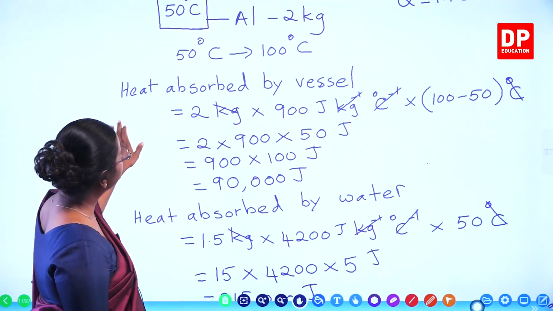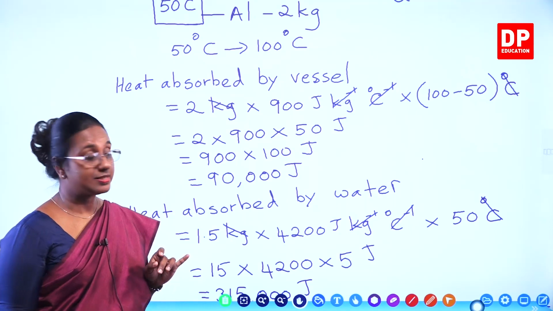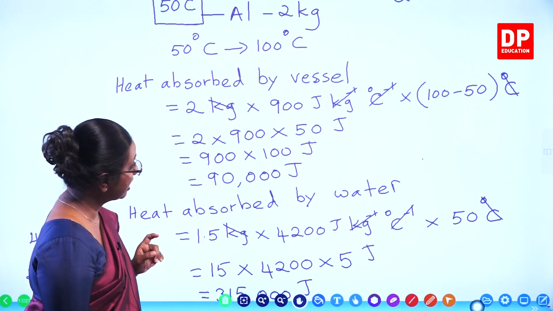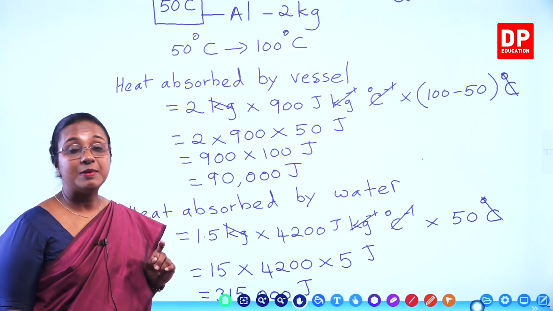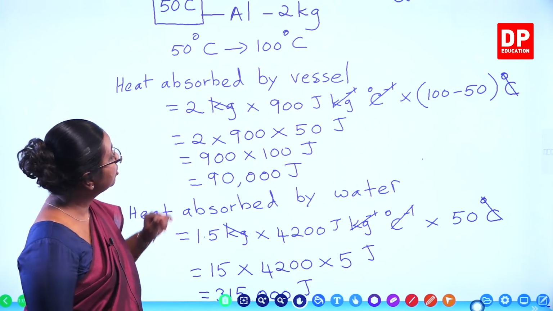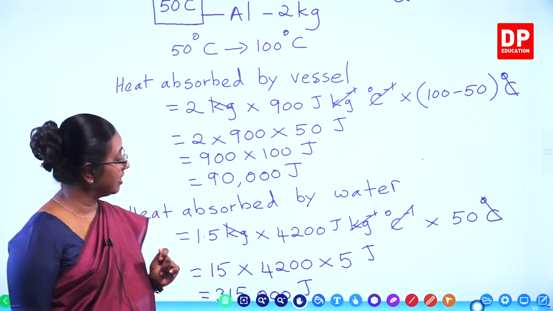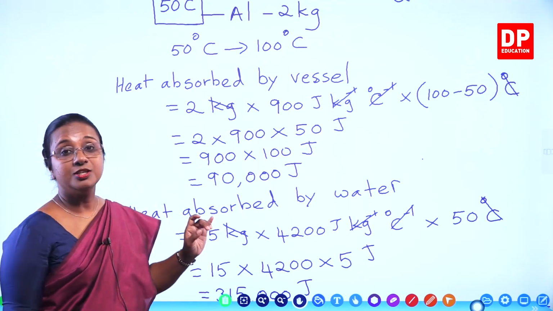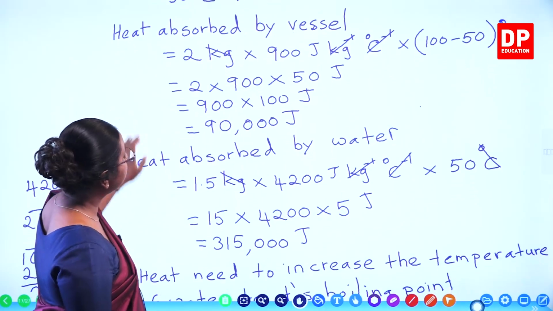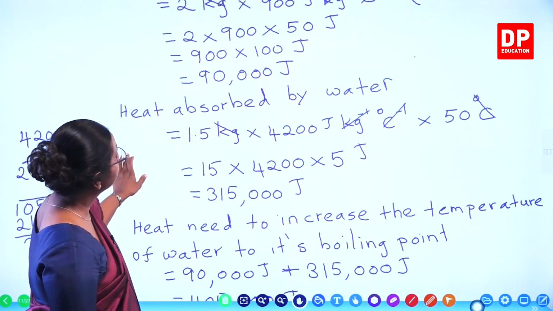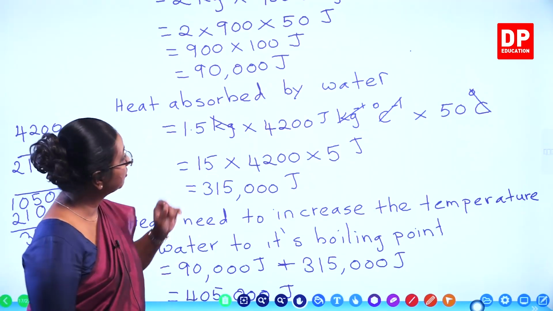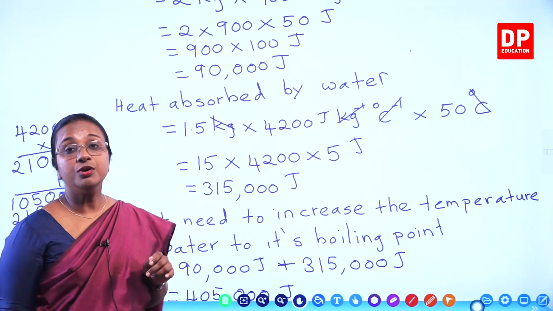So if we calculate the heat absorbed by the vessel, 2 kilogram into 900 into 100 minus 50. So 2 into 900 into 50, then it becomes 900 into 100, 90,000 joules. Then heat absorbed by water is 1.5 kilogram into 4,200 into 50.